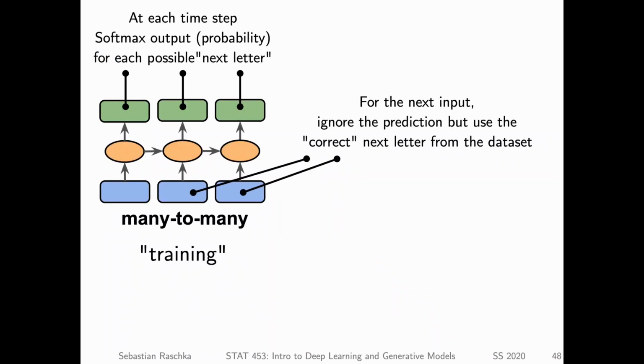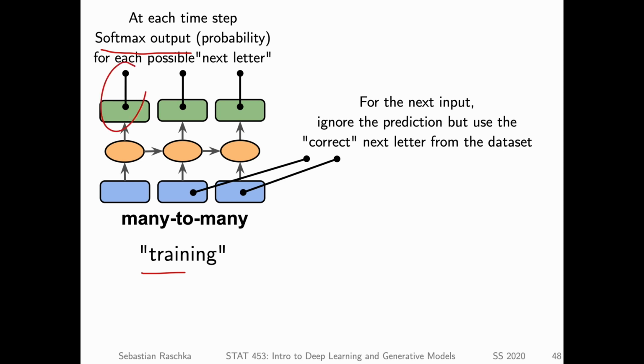So this slide is just, again, a summary of what I just said. During training for the sequence generation, at each time step we output the probabilities using the softmax activation, and the probabilities for each possible next letter. So if we have 20 letters, there would be 20 probability values, and we sample from that. During training for the next prediction, we ignore the previous prediction.